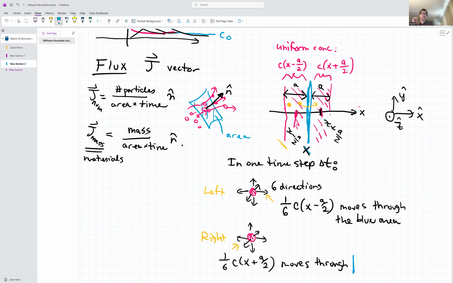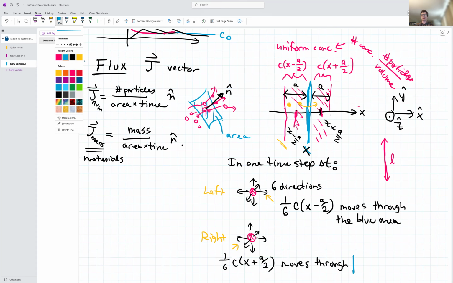Now, what we mean by concentrations is a number concentration. So it's a number of particles per unit volume. So we need a volume. The volume of these red blocks is going to be the length of this blue area, the area that we're considering.